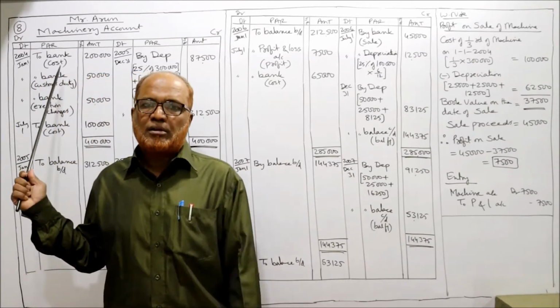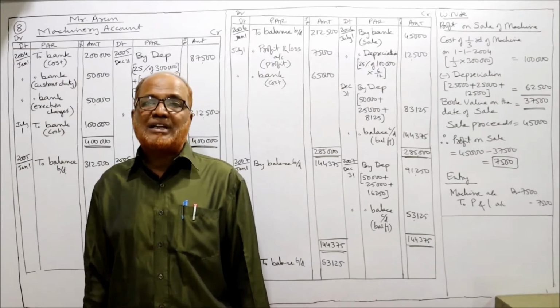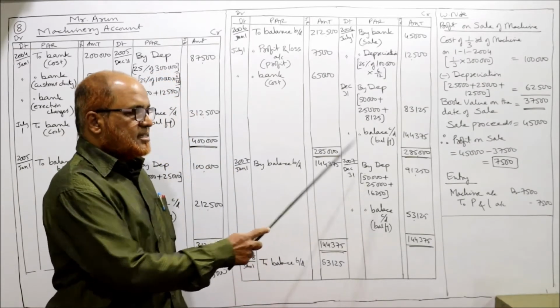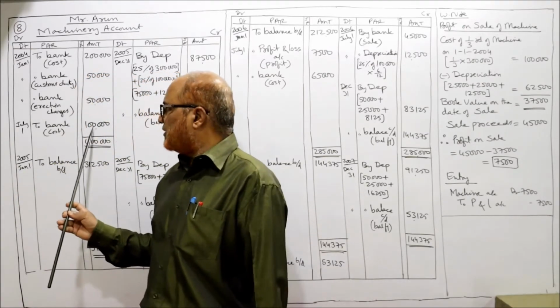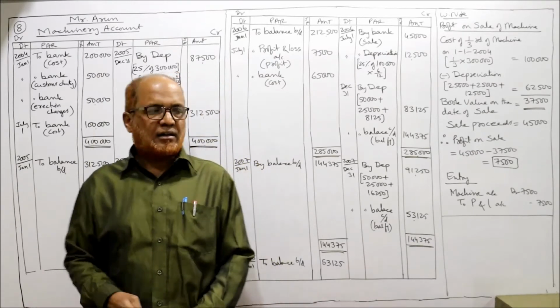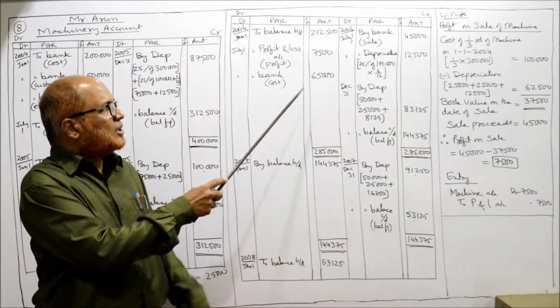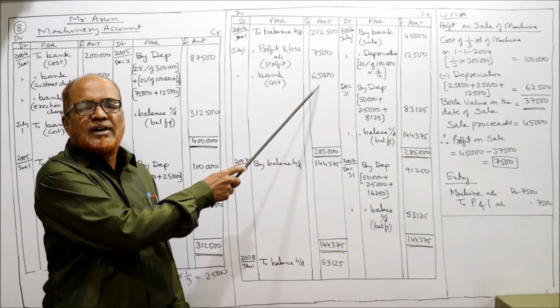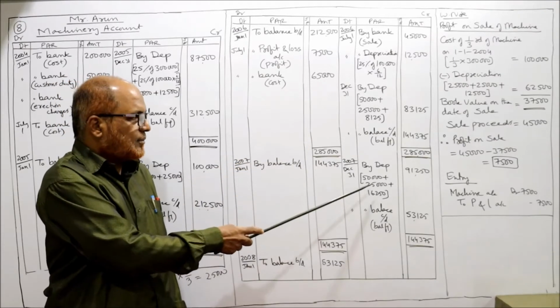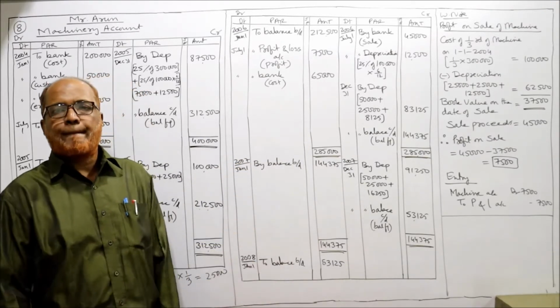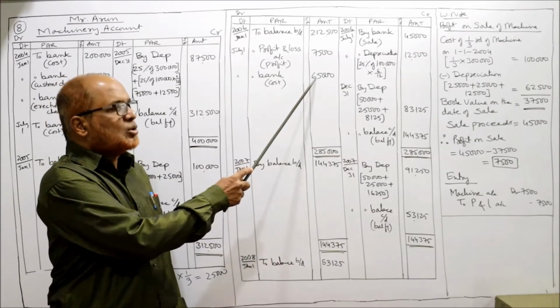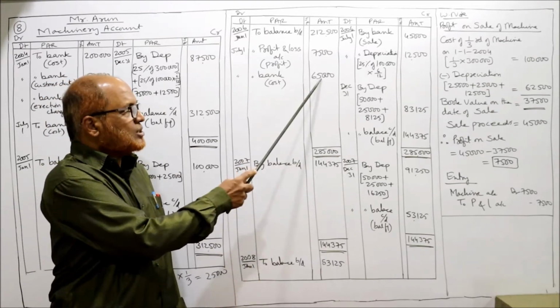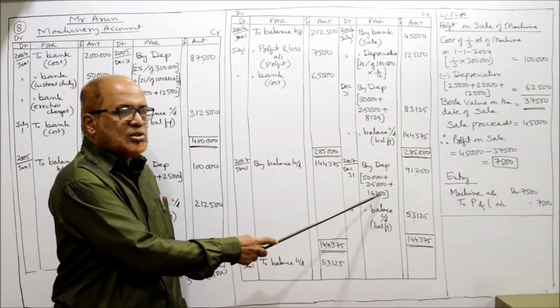First machine depreciation is 50,000. Second machine depreciation is 25,000, 25% of 1 lakh. Third machine purchase 65,000, 65,000 into 25%, 16,250.